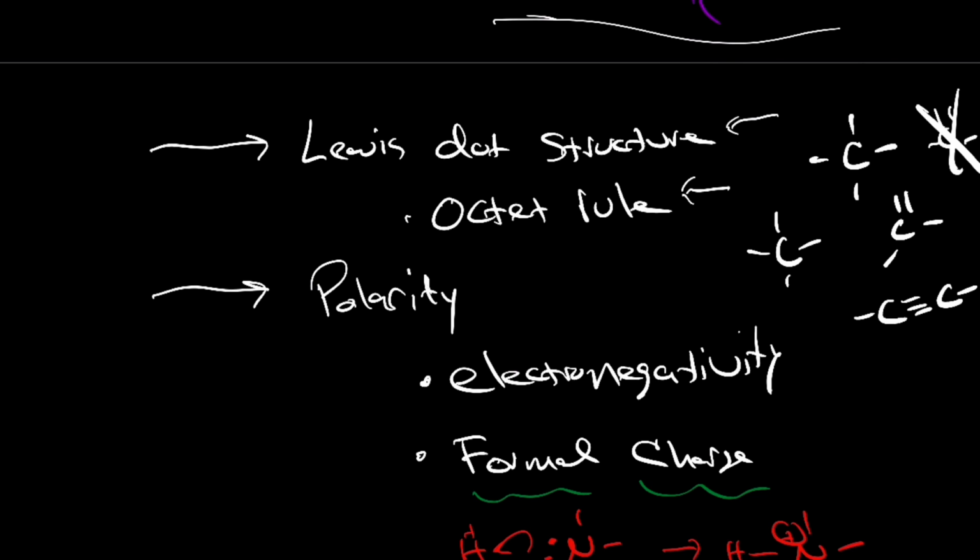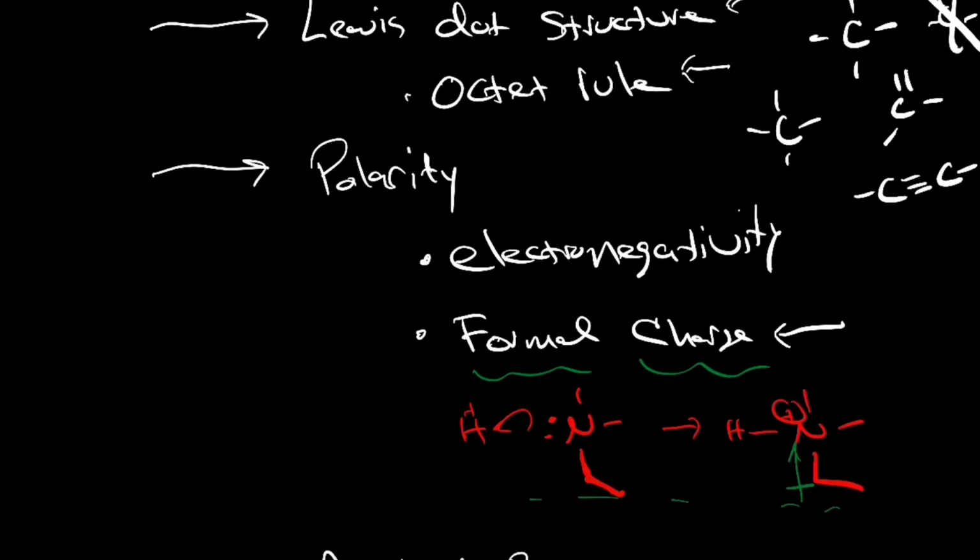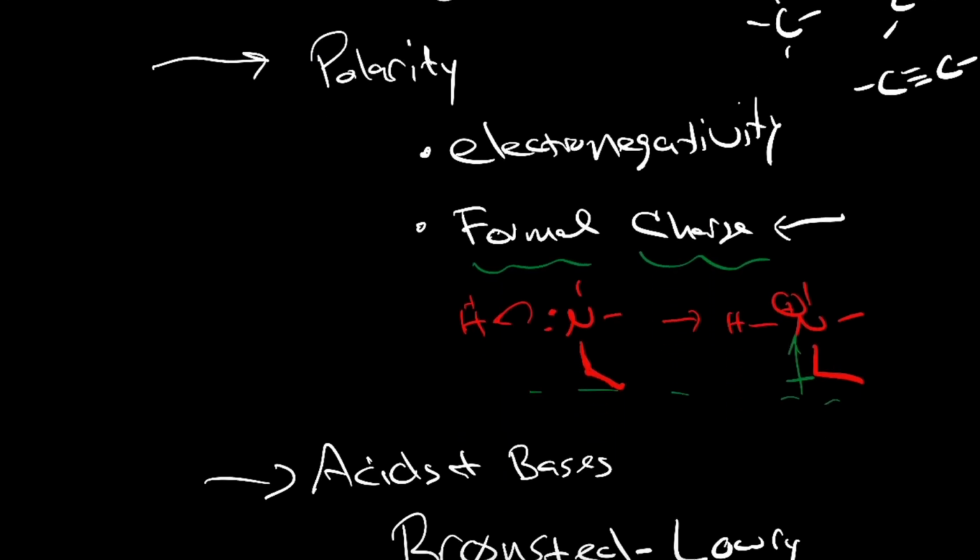Carbon has 4 bonds, okay? Nitrogen typically has 3 bonds. Oxygen typically has 2 bonds. And if you go over those, you introduce a formal charge. And that brings us to polarity. Polarity, of course, from CHEM, is associated with electronegativity, but you can also form formal charges.